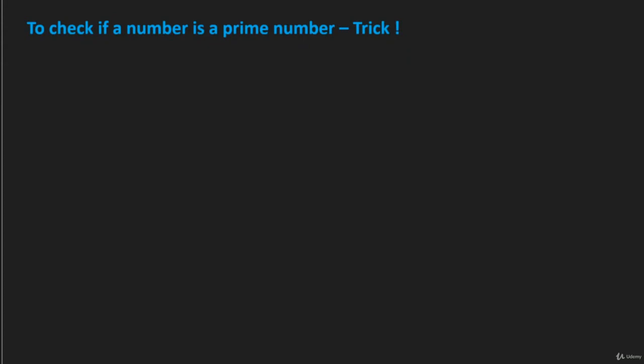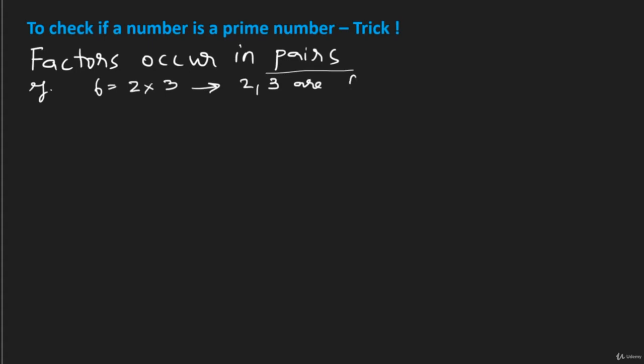Say you're given a number and you're asked to check whether that number is a prime number or not. Let's see how we can solve this type of problems. For this, we need to remember that factors of a number occur in pairs. Now, what do I mean with that? Say, let's take the number 6. Now, I know that 6 is equal to 2 into 3, right?